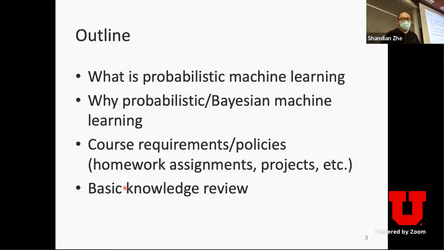It's not a class that tells you how to do matrix multiplication, take derivatives, or apply the chain rule. We assume that you're familiar with that. Later we'll talk about the prerequisites. If you don't feel comfortable with those, I suggest you seriously consider whether to take this class or not.